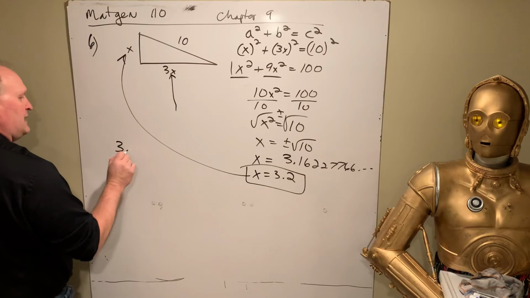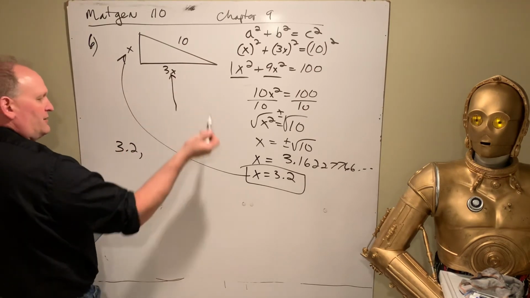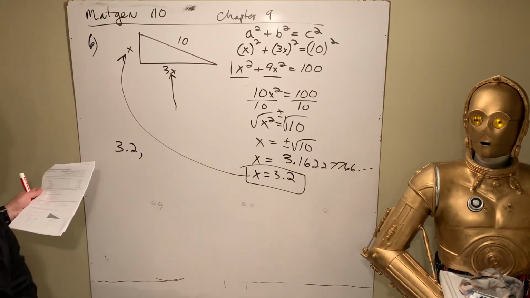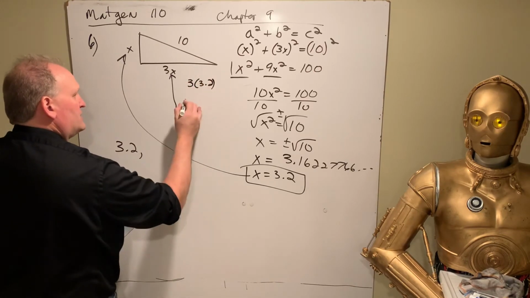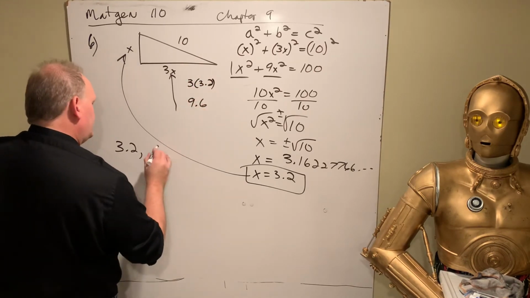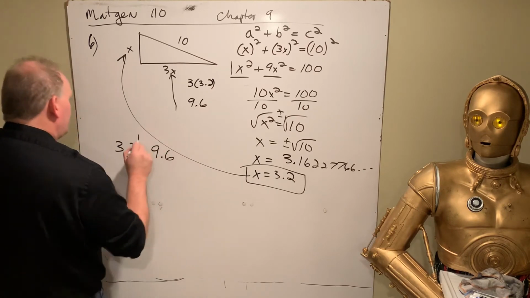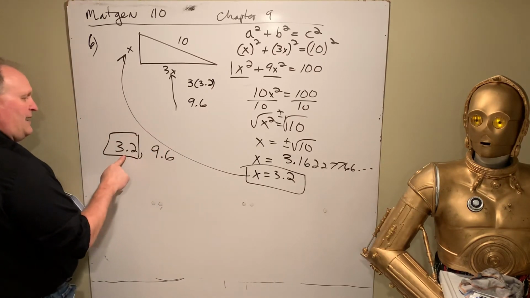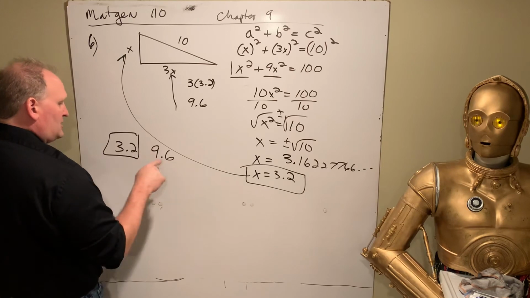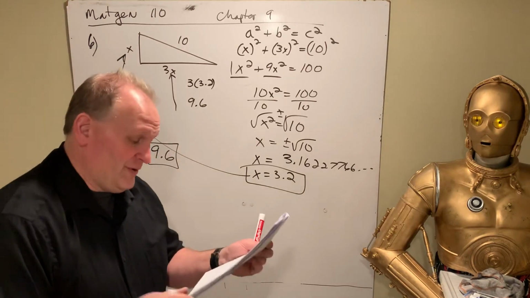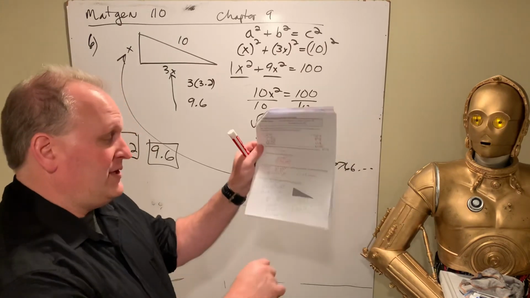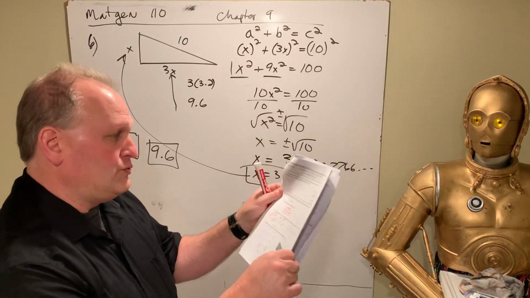So one of our lengths is 3.2, but the other length is 3.2 times 3, which is 9.6. And those are going to be approximations. If you square that and add it to this squared, it won't be exactly 10. It'll be in the neighborhood, but it won't be exactly 10 because we rounded off 3.1622. All right?